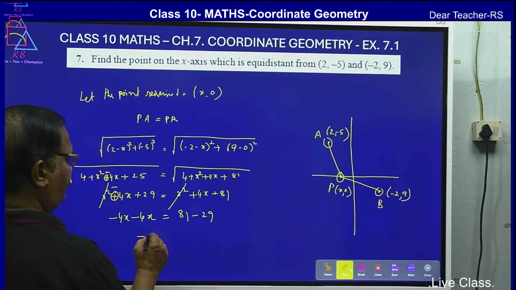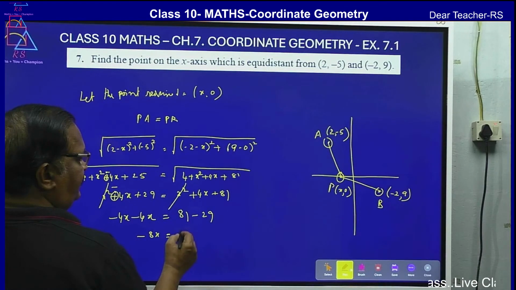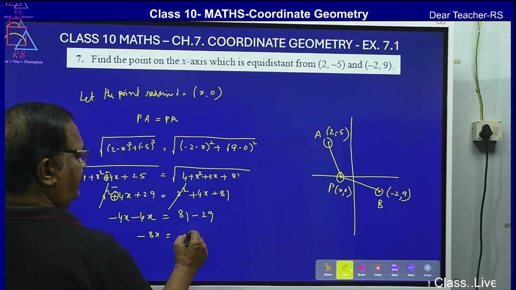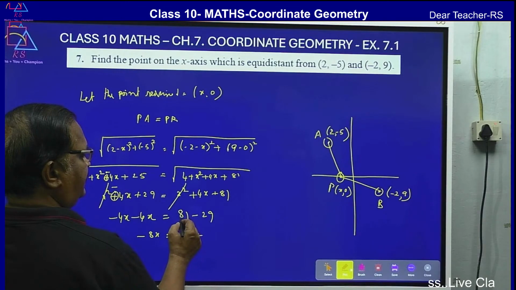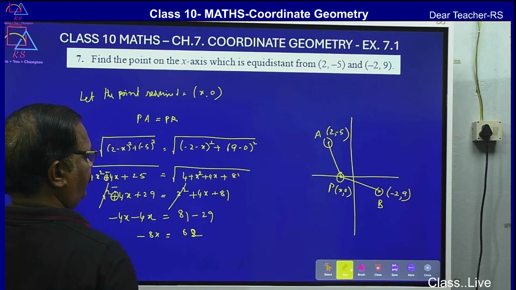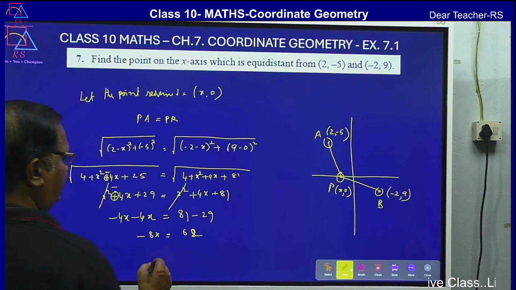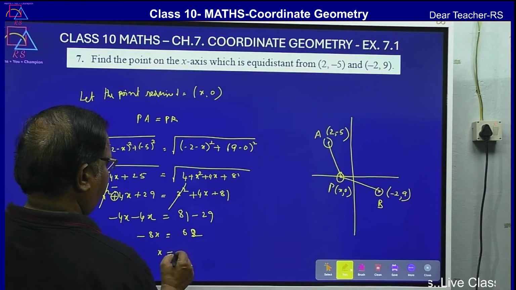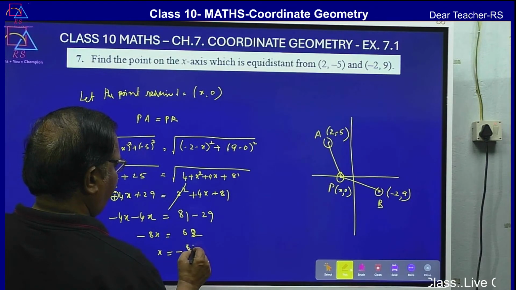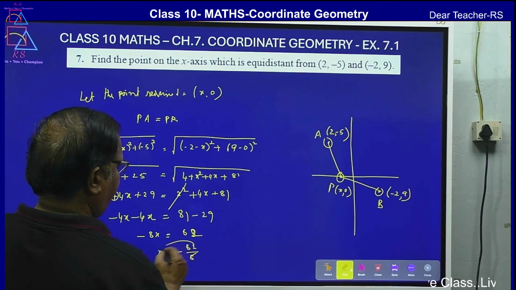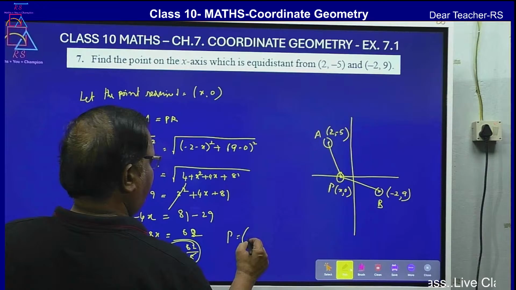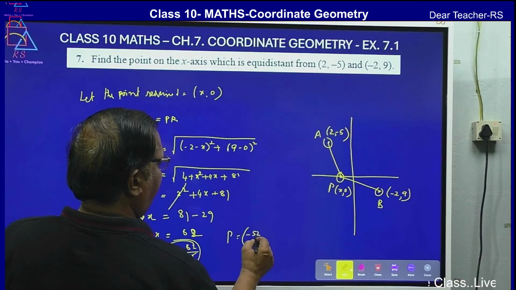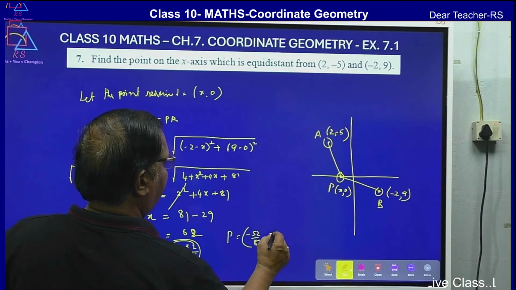So minus 8x is equal to 52. So x is equal to minus 52 by 8. So the point P is equal to how much? (minus 52 by 8, 0). Now I have got a fraction.